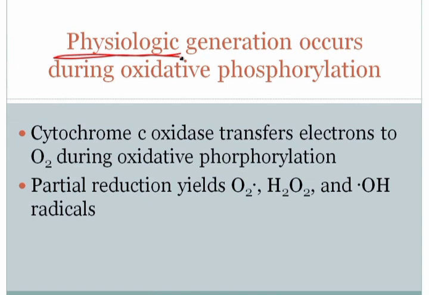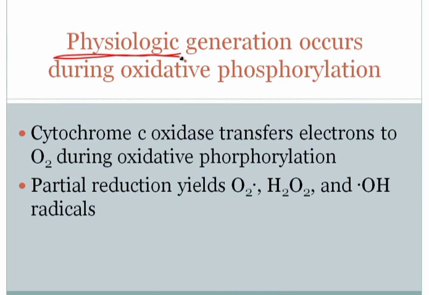Now, generally speaking, oxygen will actually accept 4 electrons, and after accepting 4 electrons, water will be generated. And so, if during the sequence of accepting of electrons, oxygen is partially reduced and doesn't receive all 4 electrons, then free radicals can be generated.